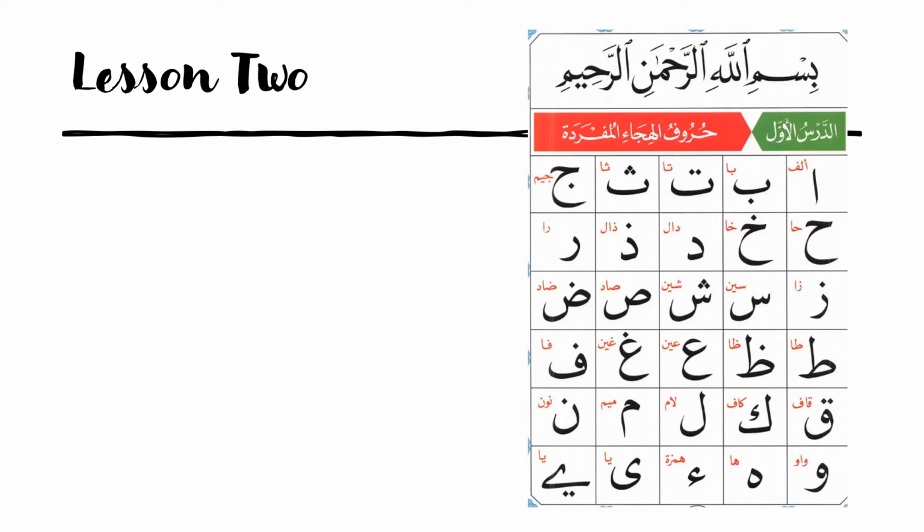However, there are 6 letters that the following letter is not attached to them, which are the Alif, the Dal, the Dhal, the Ra, the Za, and the Waw. So these 6 letters, the following letter is not attached to them.